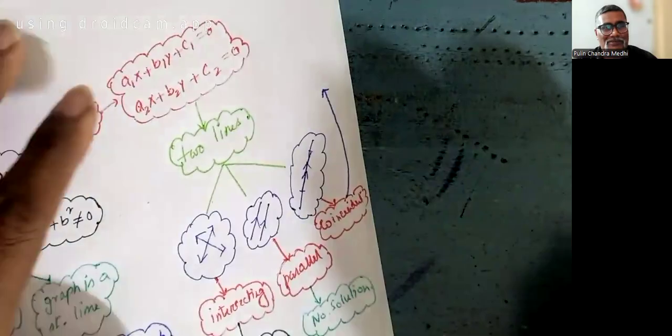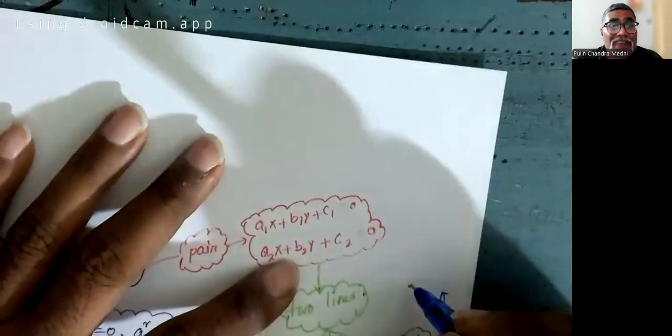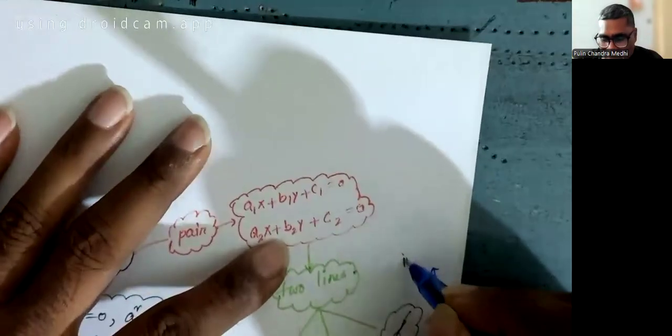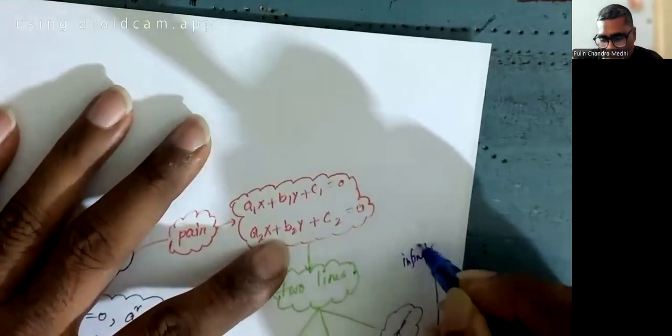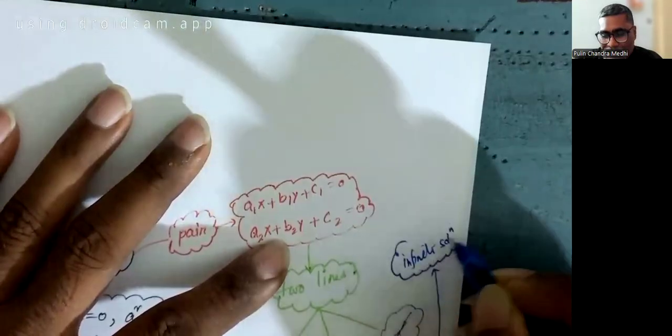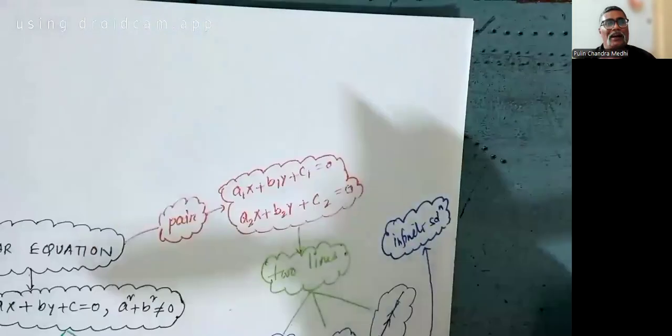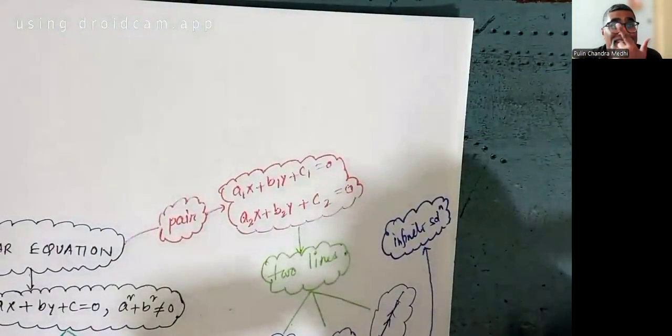Infinitely many points are common, so it means infinite solution. That means if the lines are coincident in the graph, how many solutions you can get? Infinite number of solutions, right?